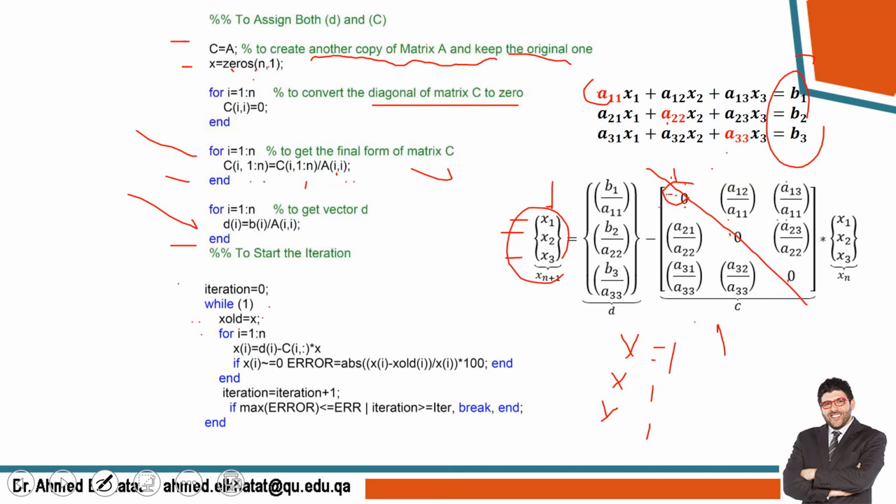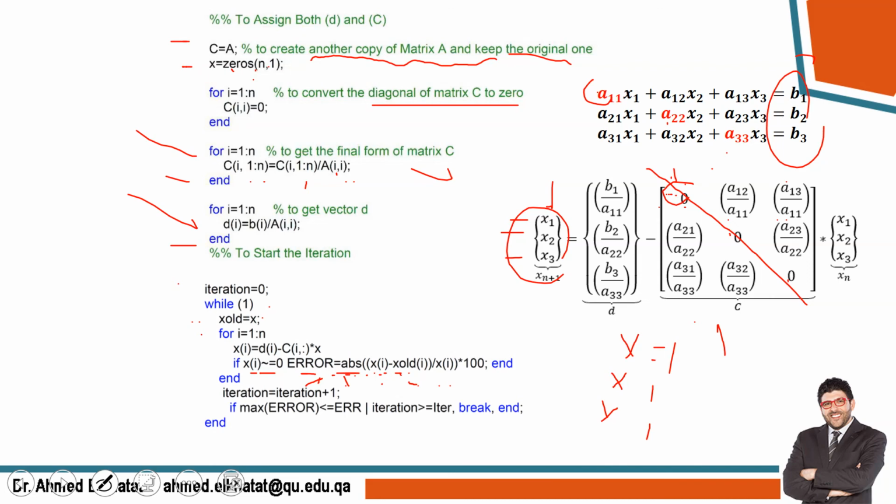If x(i) is not 0, then compute the error: error(i) equal abs of x(i) minus x_old(i) over x(i) times 100. End.